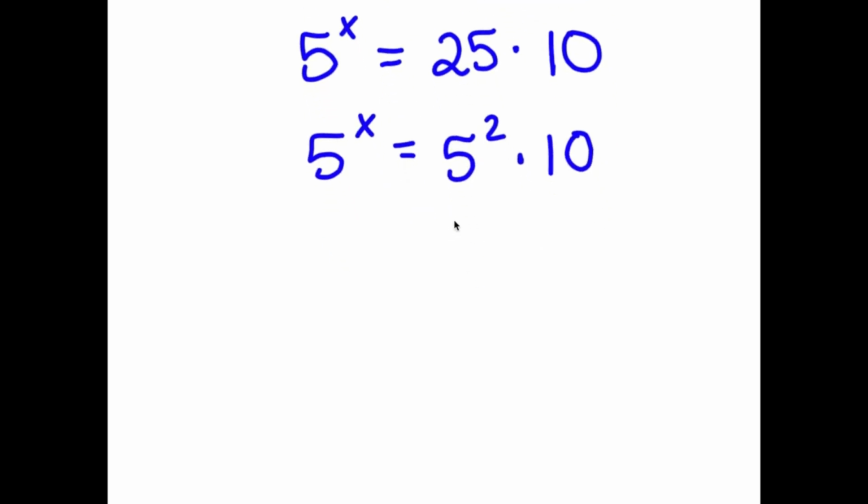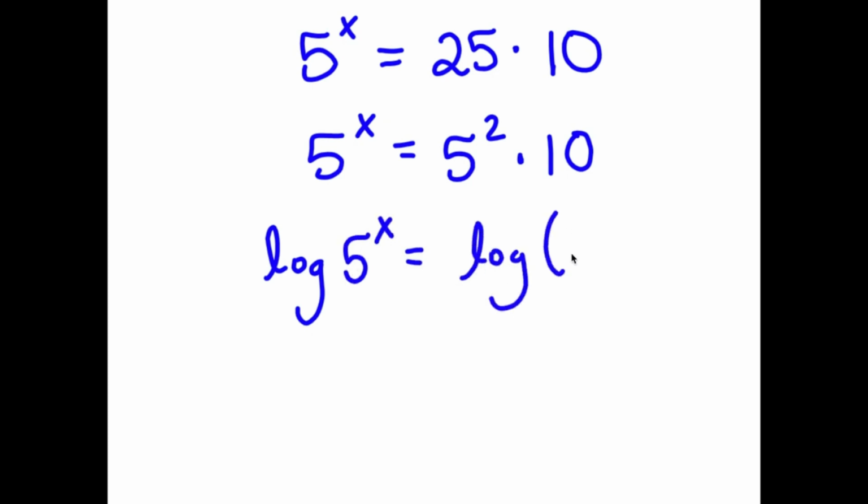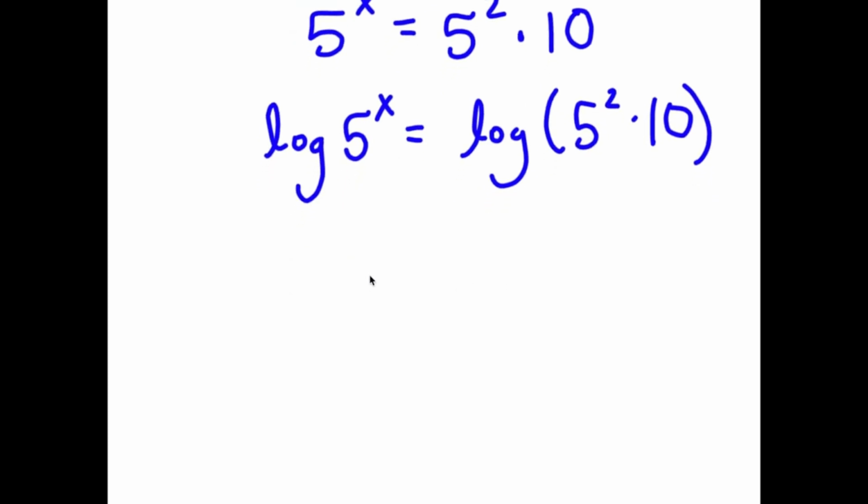Now what I'm going to do is take the log on both sides. So now I have log of 5 to the power of x is equal to log of 5 squared times 10. And now an important rule to note down is that if I have something in the form log a to the power of b, I can actually move this exponent b to the front.